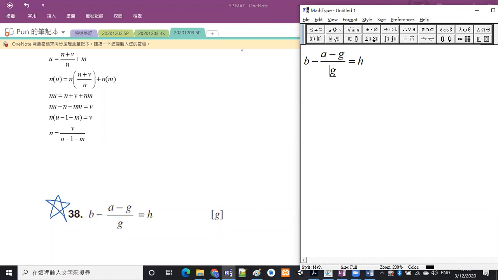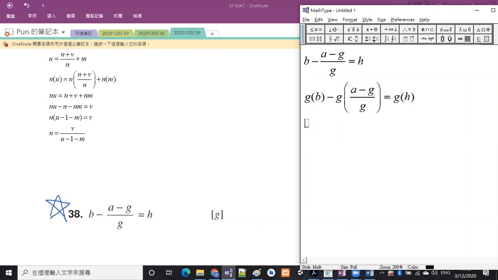Okay, and we also have b minus fraction. So we cannot just multiply the g to the other side. Get it? Okay. And then we need to multiply g to every term of the equation. So g times b minus g times bracket a minus g over g is equal to g times h.